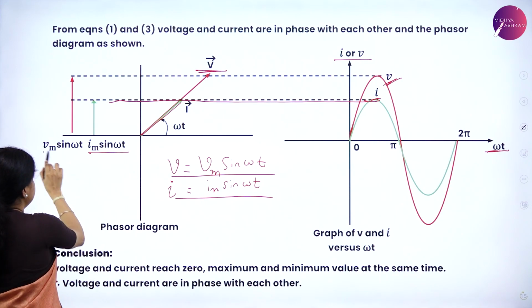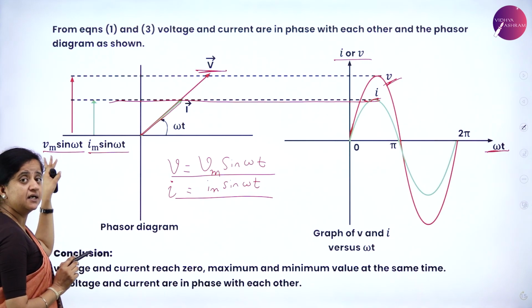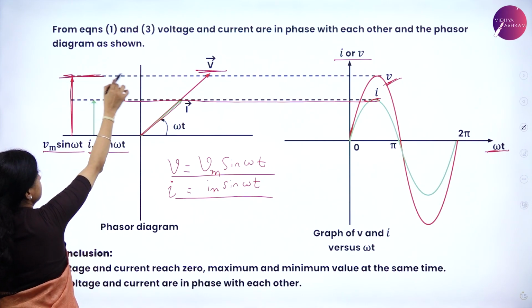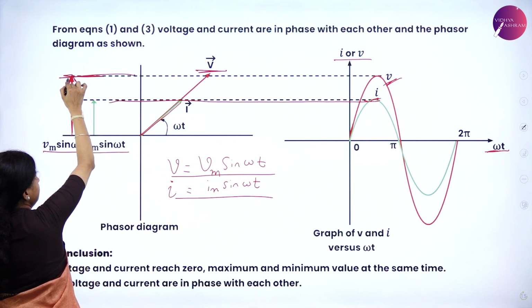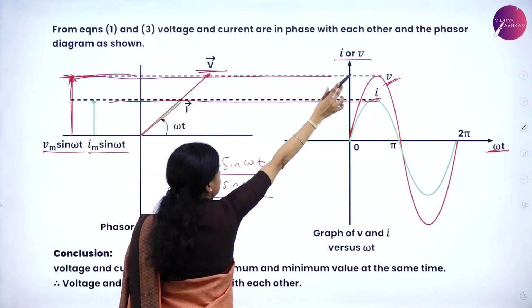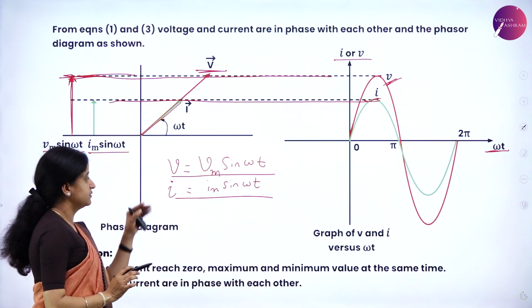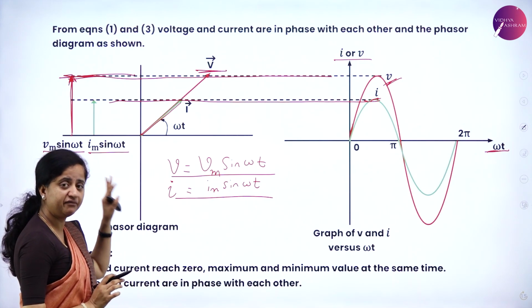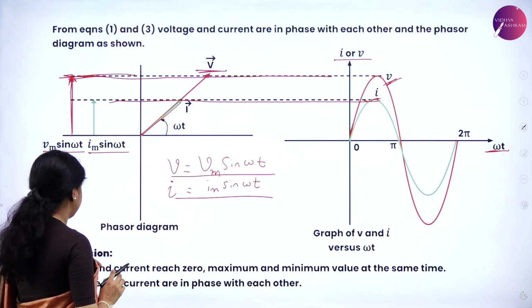And Vm sin omega t is the instantaneous value of the voltage, because it is projected from the peak value of voltage. This is how we represent the values in a phasor diagram.